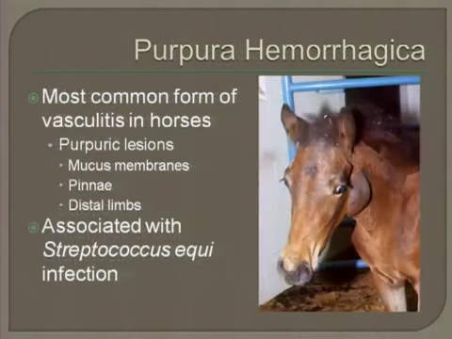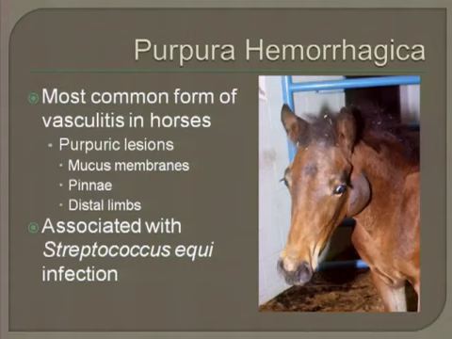So the most common, the most well-known form of vasculitis in the horse is purpura hemorrhagica. And you get purpuric lesions of the mucous membranes, the pinnae, and the distal limbs. Purpura hemorrhagica is typically associated with strep equi infection and has also been associated with strep equi vaccination. So you can see this little guy here has the classic signs of strangles.